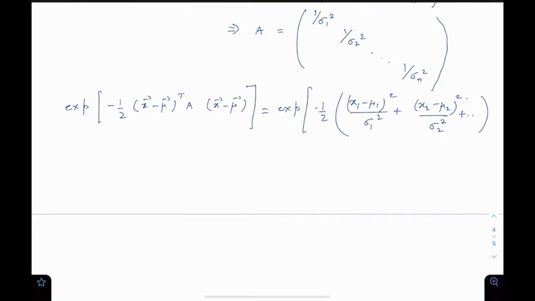Or in other words, we can split out the exponential of the sum as the product of exponentials.